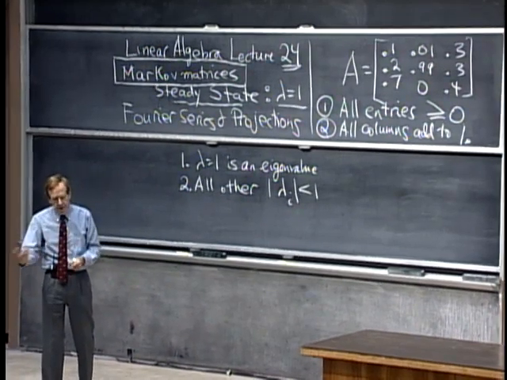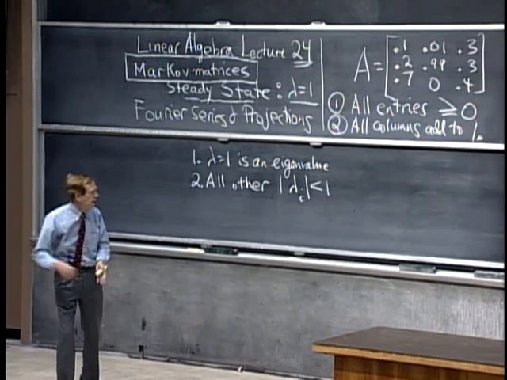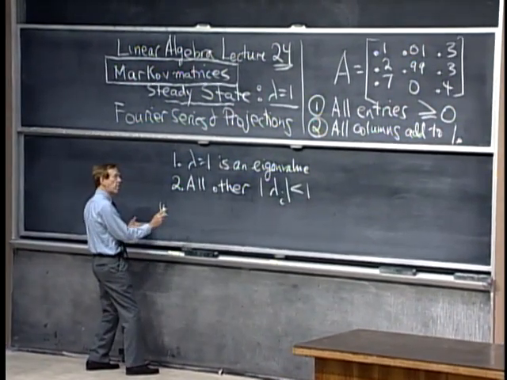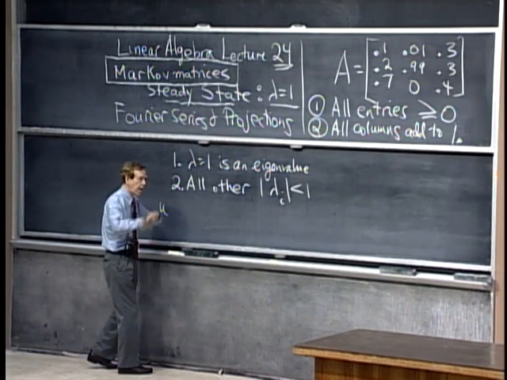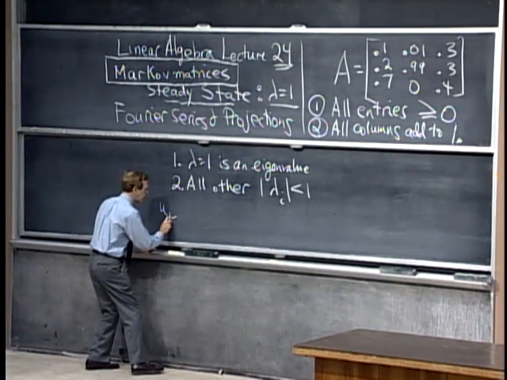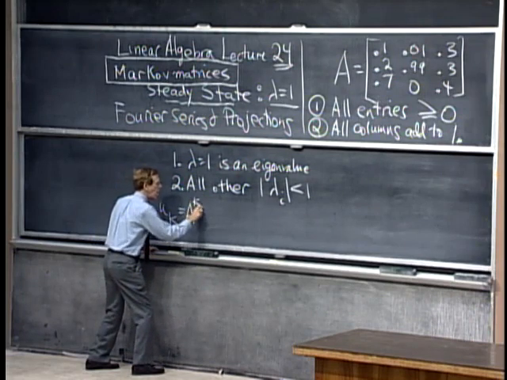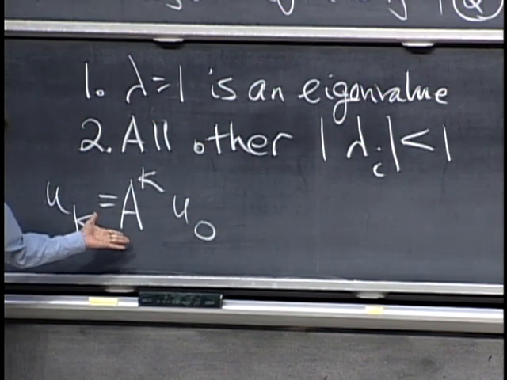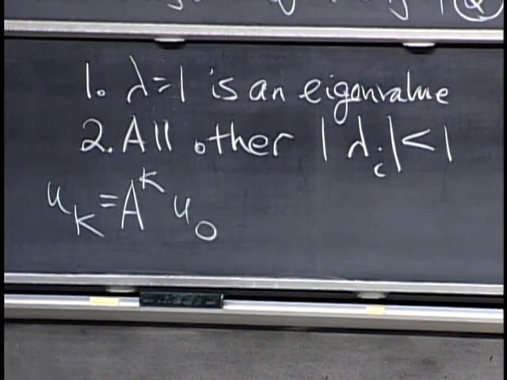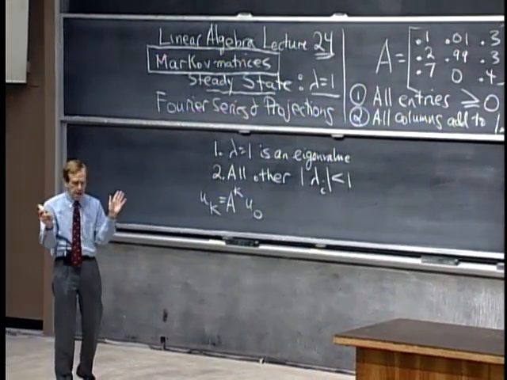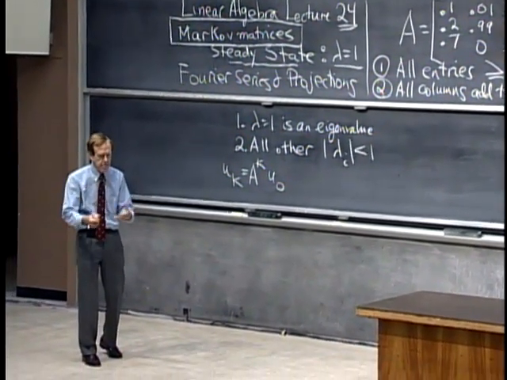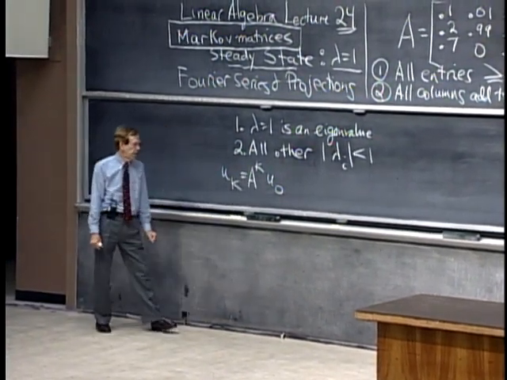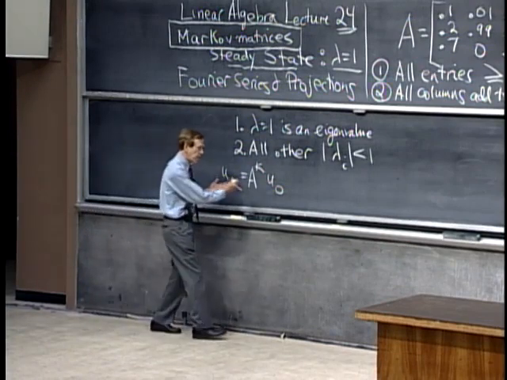And then, of course, linear algebra is going to tell us what happens. You remember when I multiply by A time after time, the kth thing is A to the k u naught. And I'm asking what's special about these powers of A. And very likely the quiz will have a problem to compute some powers of A, or applied to an initial vector. So you remember the general form?